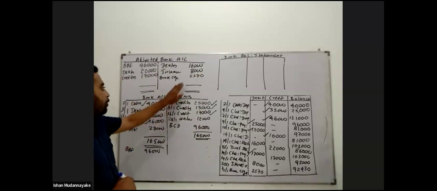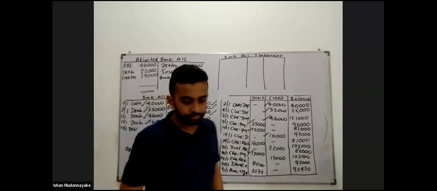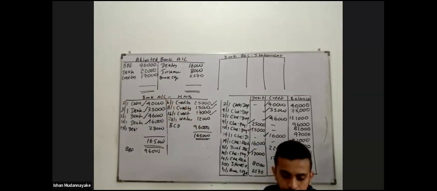Okay, right. Lamani, calculate the closing cash balance, closing adjusted bank balance. How much? How much? Closing adjusted cash balance. How much?